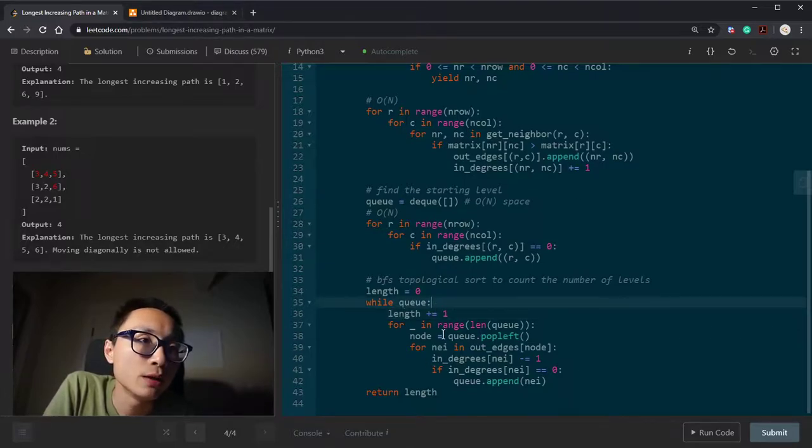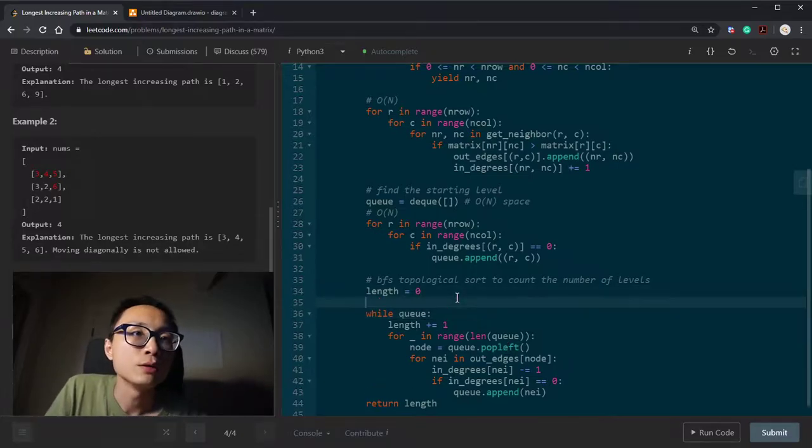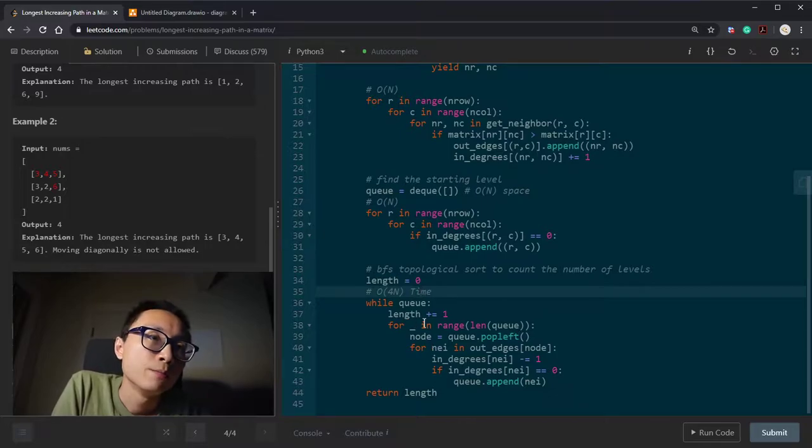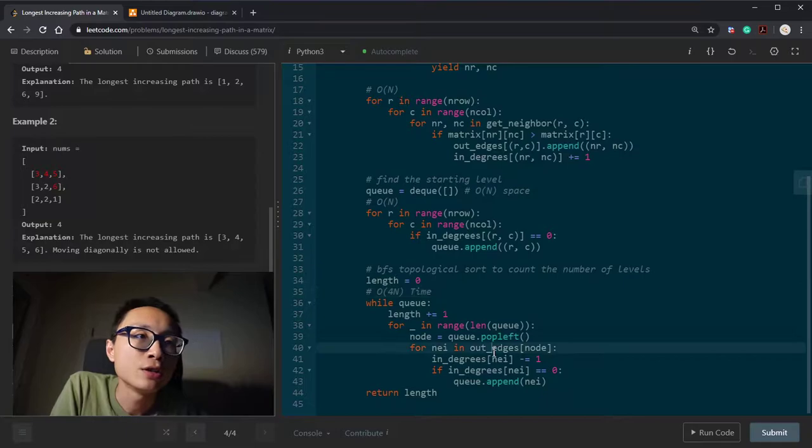And the time complexity for this is going to be 4n as well. Because for every node here, the number of out edges is going to be upper bounded by 4, and in the worst case, as we already said here, it's going to be n, so it's going to be 4n.